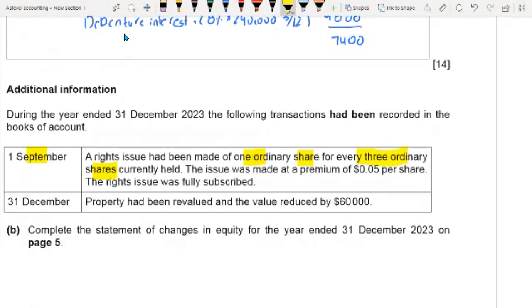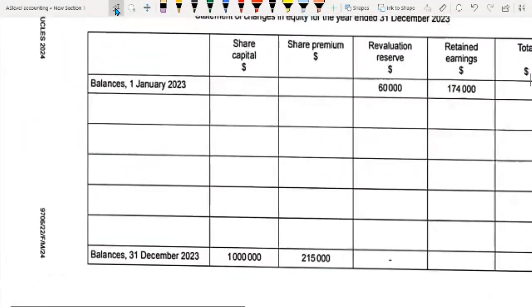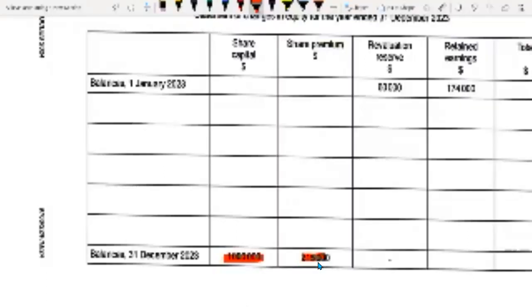Okay, so if you see that we have the closing balances of this statement of changes in equity, which is 1 million and 215,000.